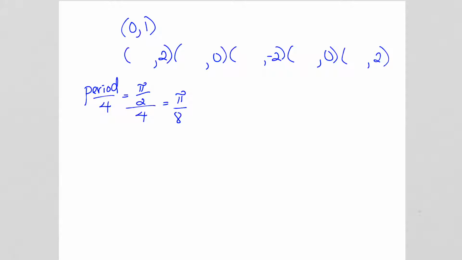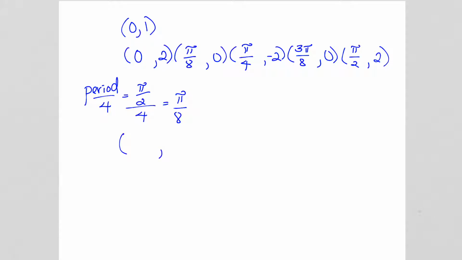So, starting at 0, we want to go every pi over 8. So, we got 0, then we have pi over 8. 2 pi over 8 would be pi over 4. 3 pi over 8 would be 3 pi over 8. And then 4 pi over 8 is pi over 2.